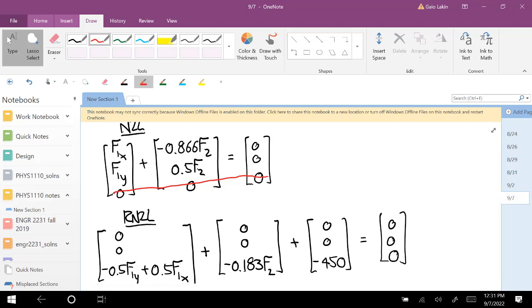That doesn't help us solve anything, so you can forget that one. For the moment equation, we do get x and y equations, but they just say 0 equals 0, so they don't help. So you can forget about that one and that one. And all you have left are x and y components for Newton's second law and a z component for the moment equation. Okay?